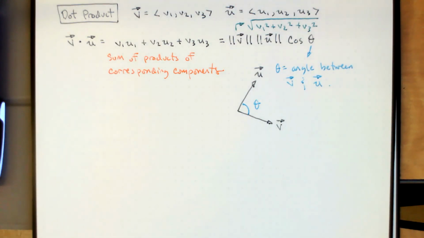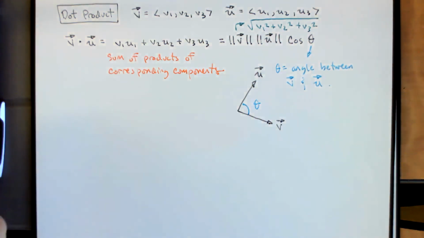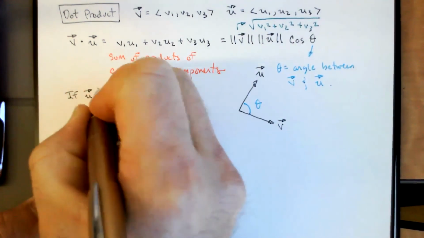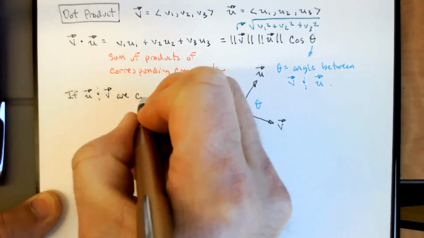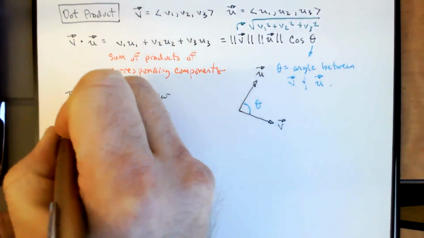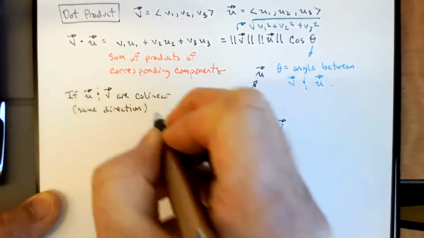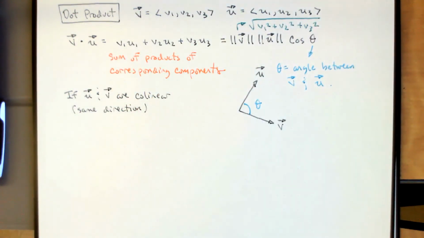Let's take a look at this cosine of theta business. If the vectors U and V are going in the same direction, if U and V are collinear, then the angle between them is 0 degrees.